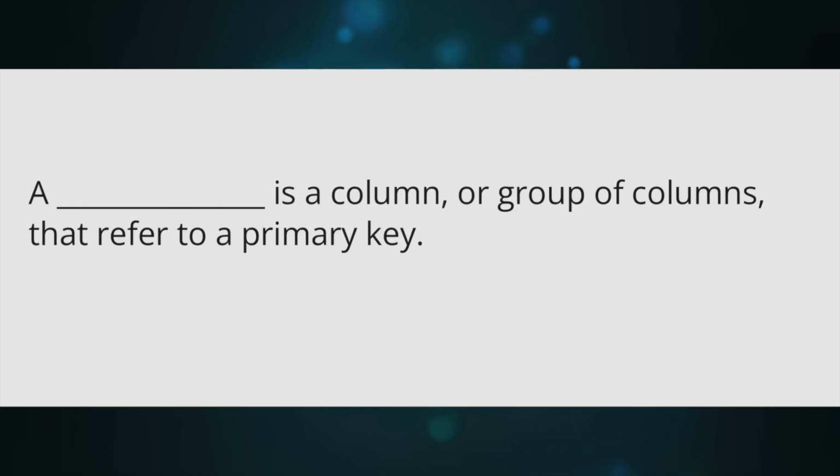So hope that helps. Foreign key is a column or group of columns that refer to a primary key. So pretty much what it's just saying is, hey, I'm related, or I am part of or connected to the main primary key. Hopefully that's simple for you.